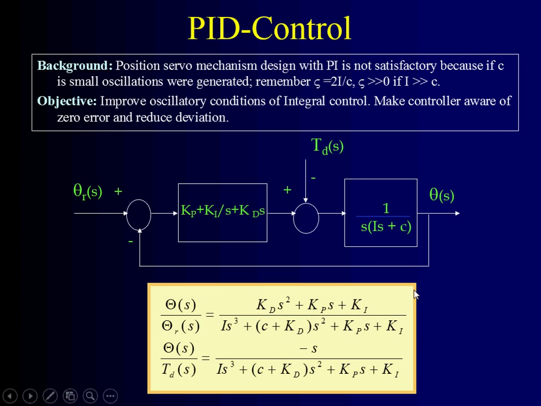Finally, the PID controller. Here you have your system, and then we're going to have all three of those. A little bit of background. The position servo mechanism designed with PI is not satisfactory, because if there are oscillations generated, they will persist. The question is how to improve the oscillatory condition of integral control, make the controller aware of zero error, and reduce the deviation of the value.